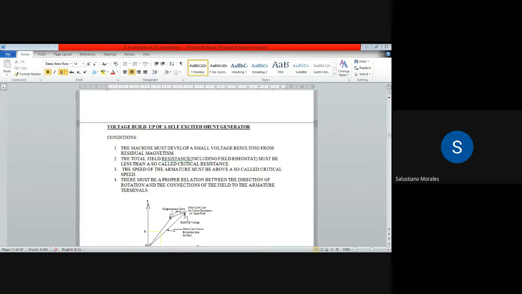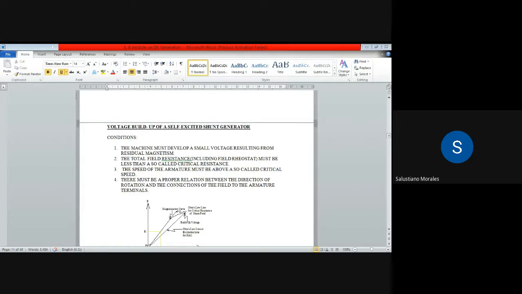While for the self-excited generators, we're going to utilize now the output of the armature. So no need to consider another source of DC voltage. But there's a problem in the self-excited generator.